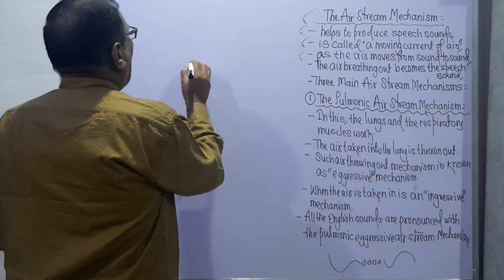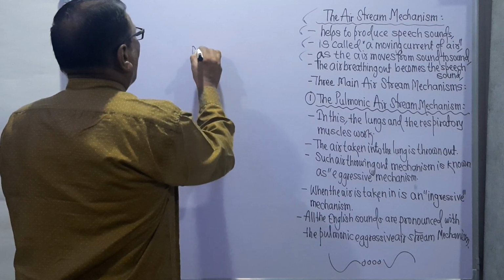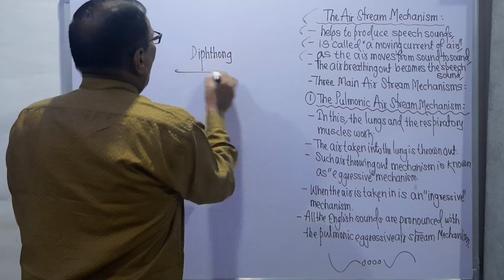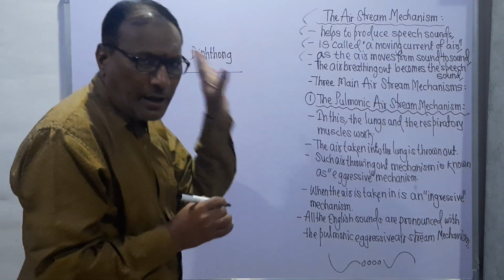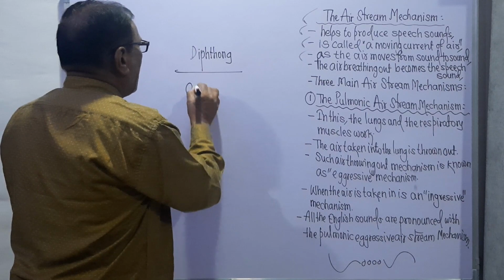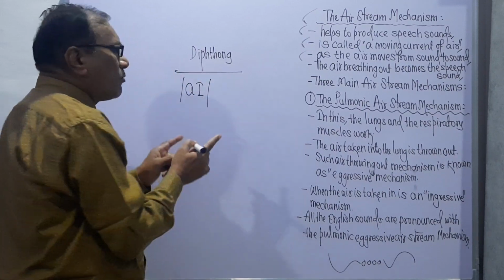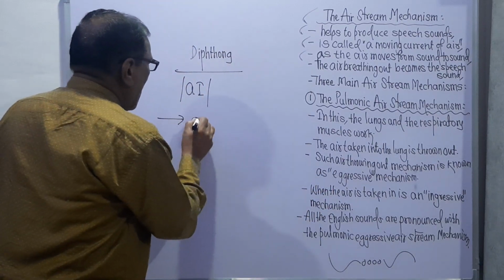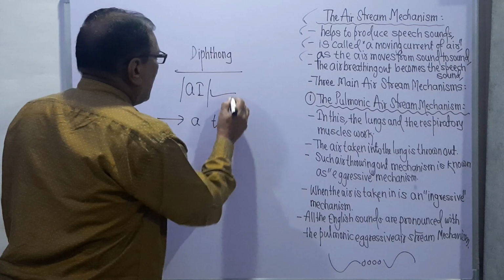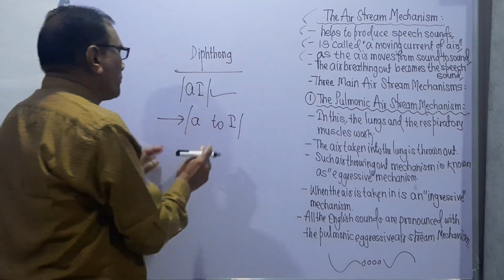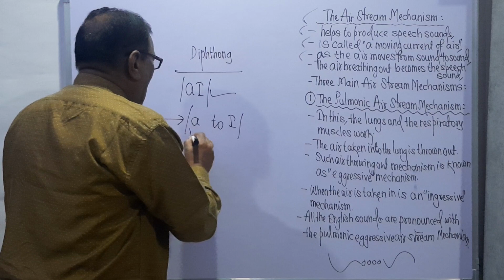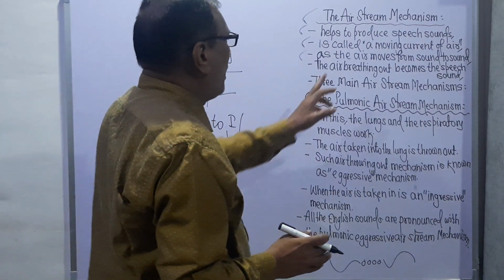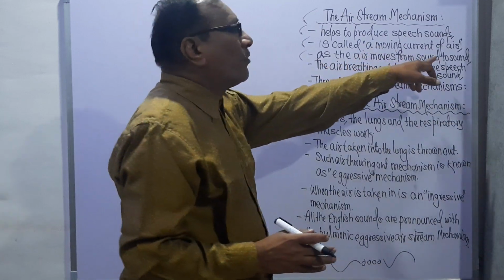For example, I will give you the example of a diphthong, the diphthong I. The air is going from this A to this E. So the air is moving from A to E, and that's why this is called the moving current of air.